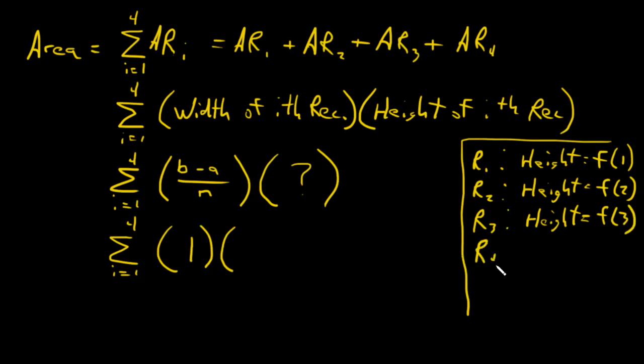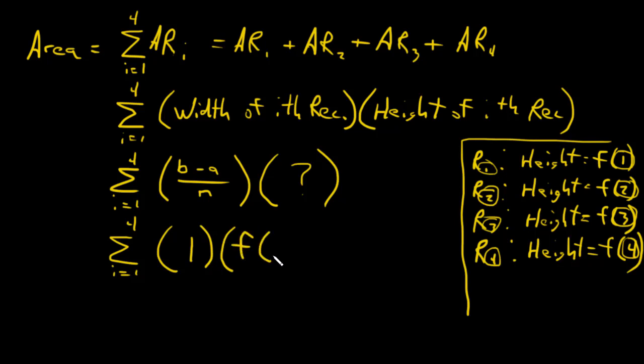And finally, R4, the height was what? f of 4. Alrighty. So what is the pattern? Well, for each of the rectangles, I feed in that value into my function, and that will give me the height. So how do I write that over here? Well, this is f of i.